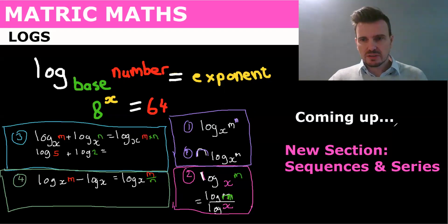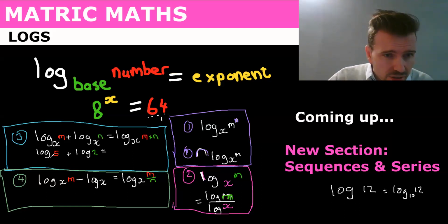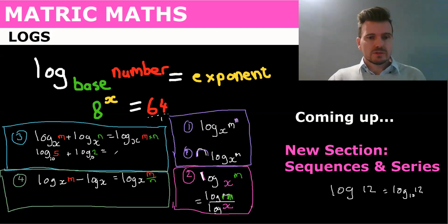So if you see log 12, that just means log base 10 of 12. It's a little bit like there's a ghost 1 under every single number. 64 over 1 is 64. We don't write in the 1. And it's just like with logs, we don't write in the 10. So there is a ghost 10 here. So just keep that in mind. So it'll be log, with a ghost 10 which you're not really writing, of 5 times 2, which is 10.